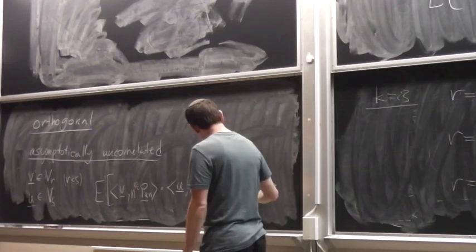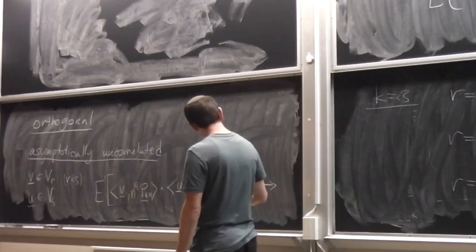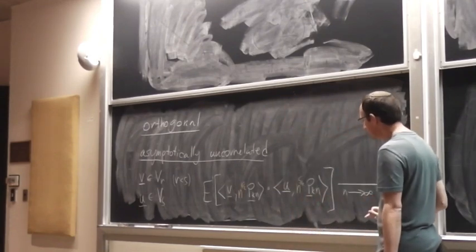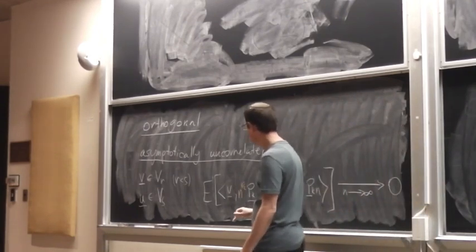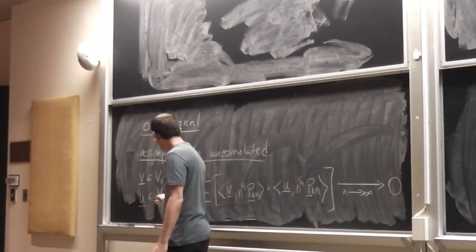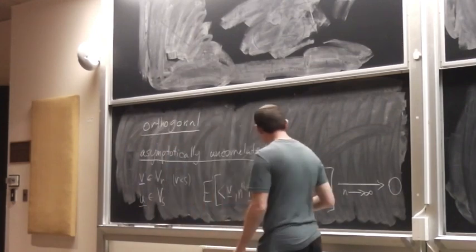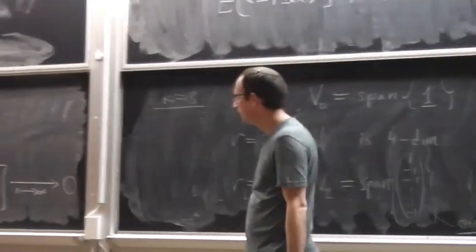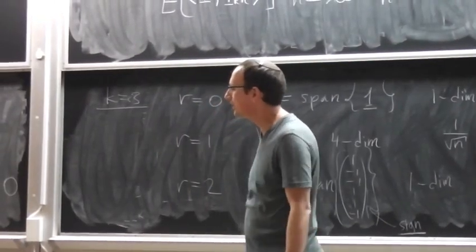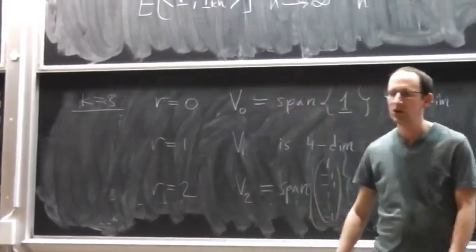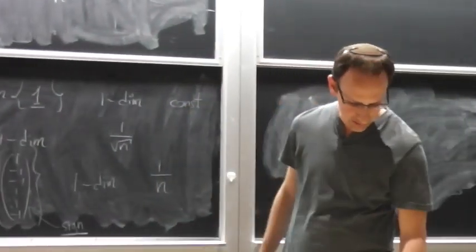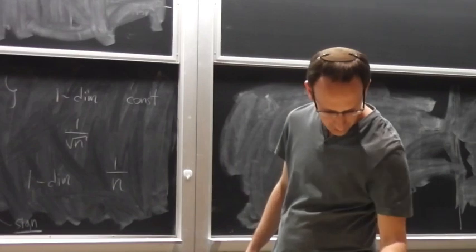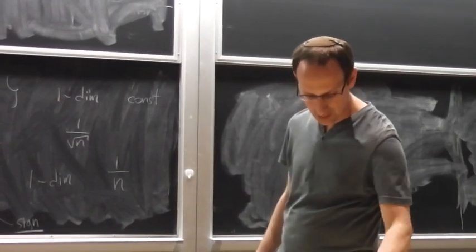But the point is that asymptotically, as n goes to infinity, it does go to 0. And this is a property of this decomposition into V_r and V_s. It gives us k components that are asymptotically uncorrelated in this sense. Okay, so that's a second answer about the choice of the decomposition and why it is natural.